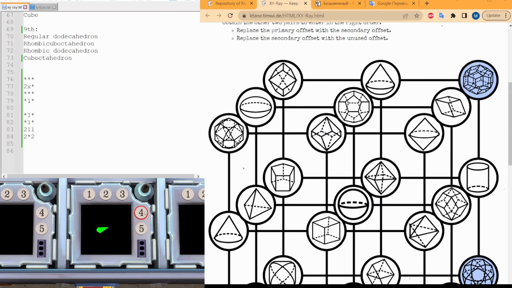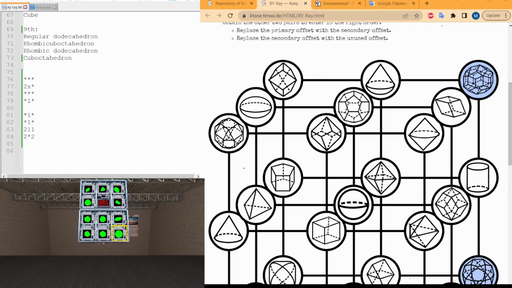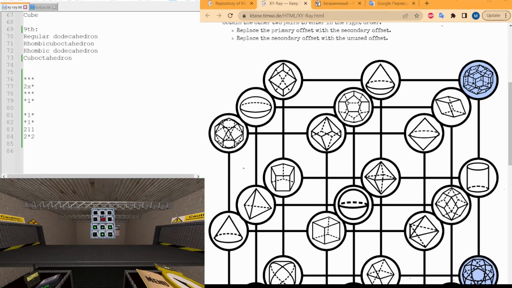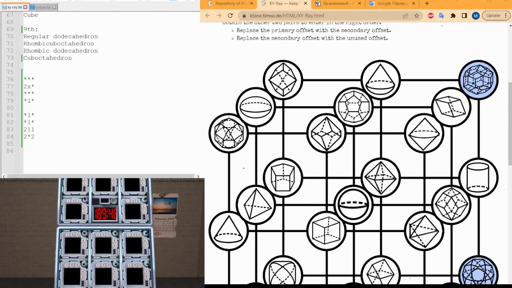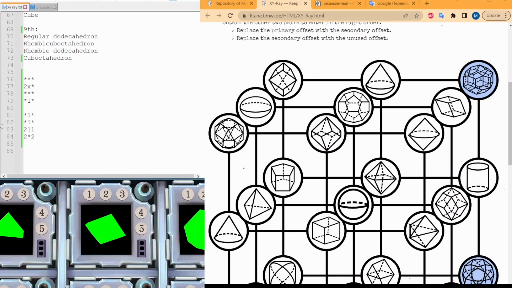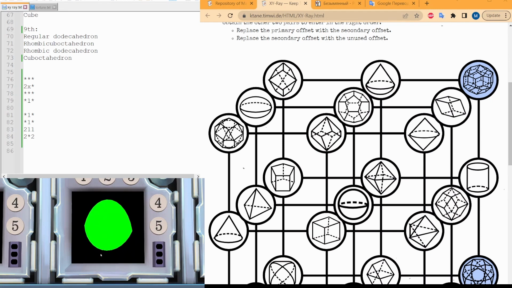So if you find that the starting shape has 5 sides, not this one, Bicylinder, by the way. Yeah, this one, as you can see, had 5 sides at the start.